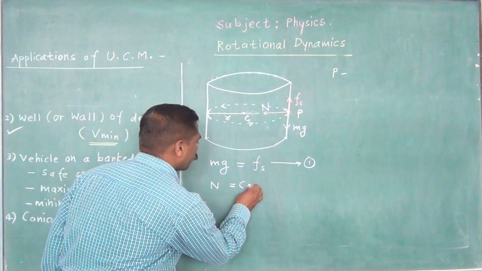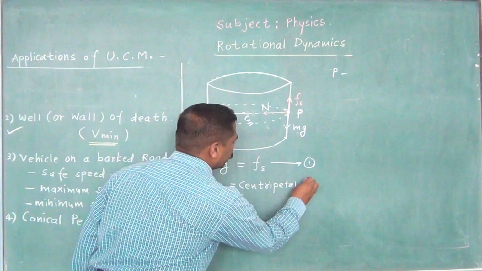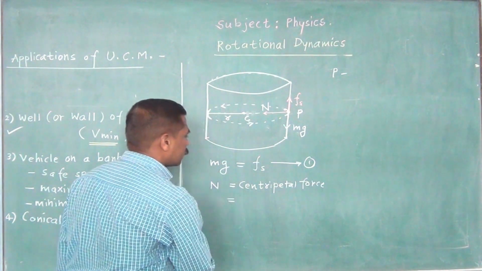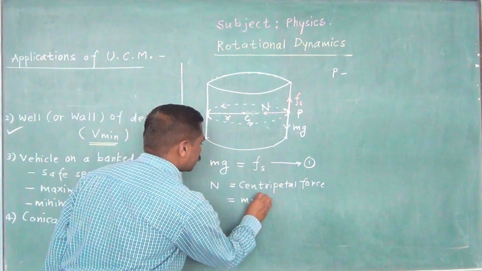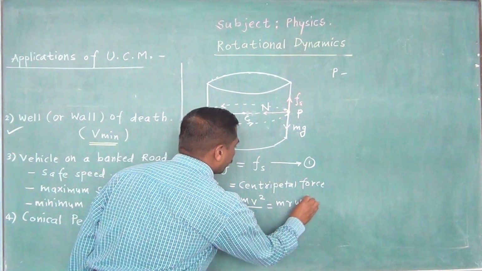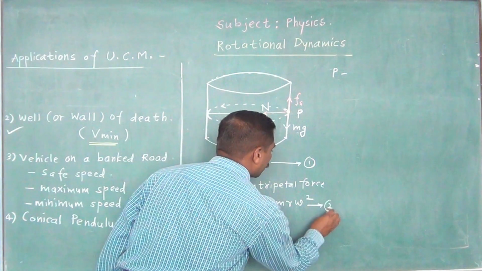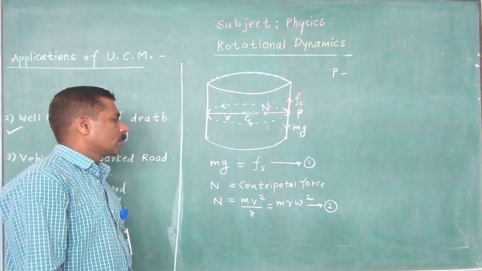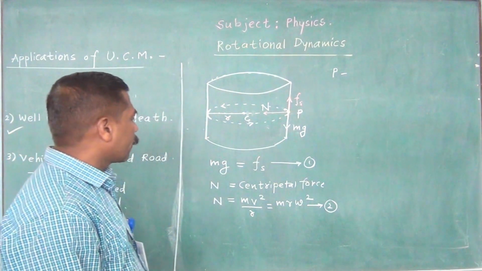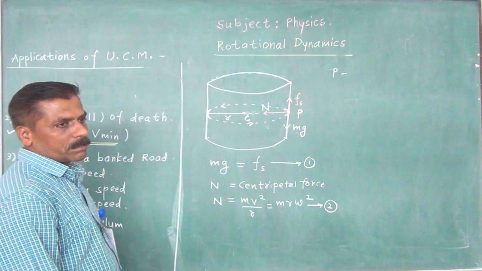We know the relation for centripetal force: it is mv square upon r or m r omega square. So this is the second equation. You will get two equations, and with the help of these two equations we can find out the minimum speed which is required here.